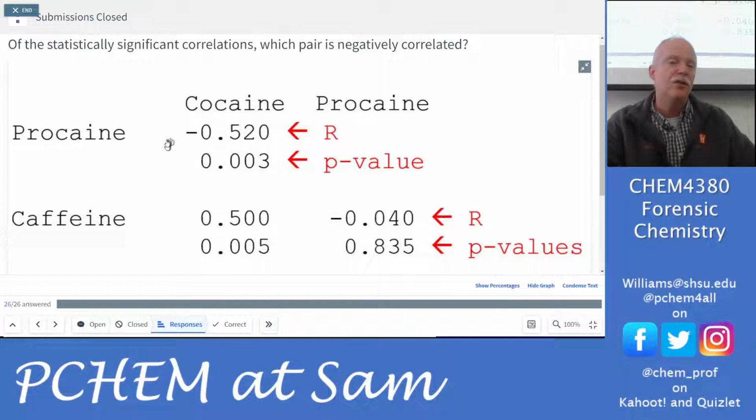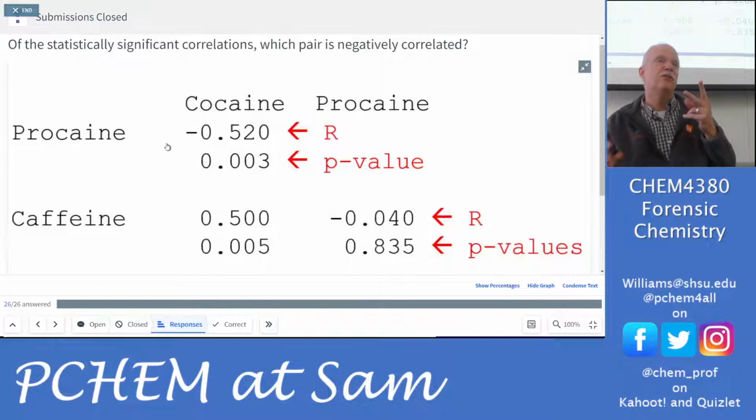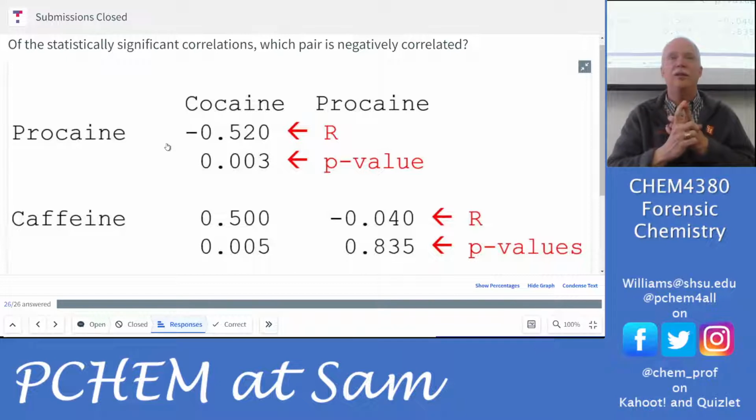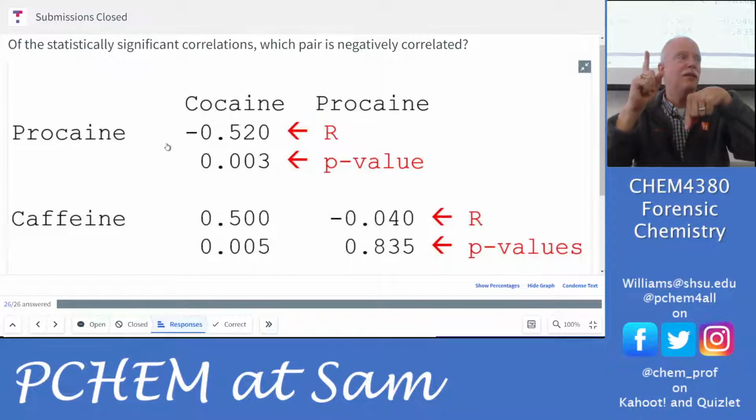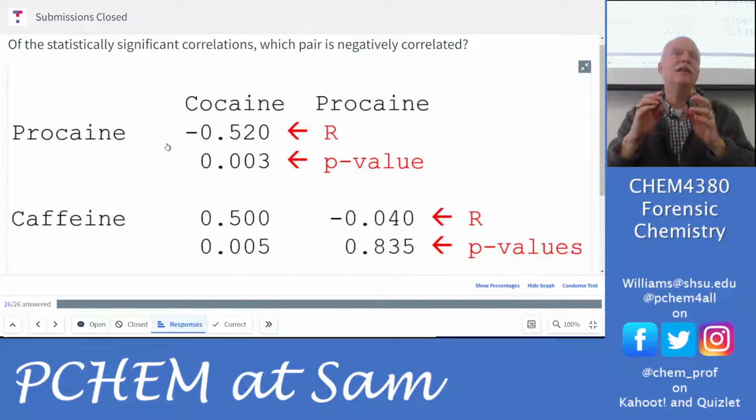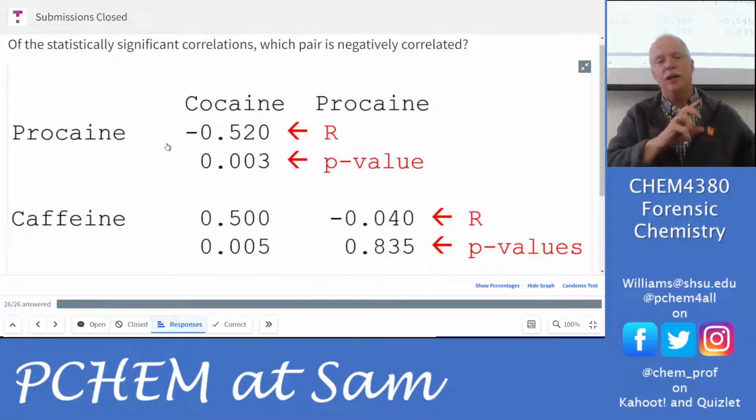So for correlation coefficient, we're looking at two things. The sign is important. It means when one goes up, the other goes down if it's negatively correlated. Now, listen carefully, I'm not saying it's inversely correlated, it's negatively correlated. When we say proportional or inversely proportional, that's more of a mathematical relationship.